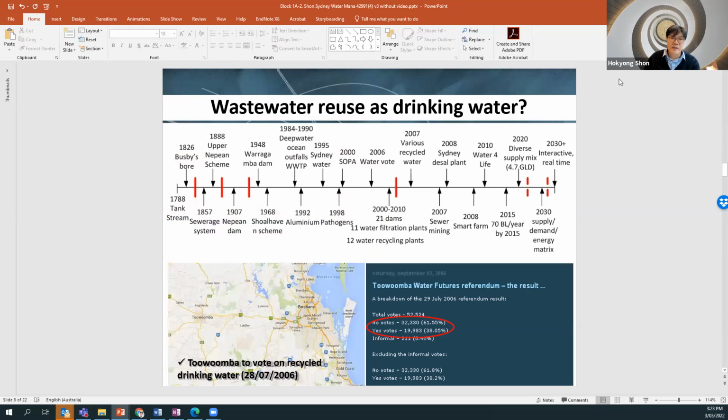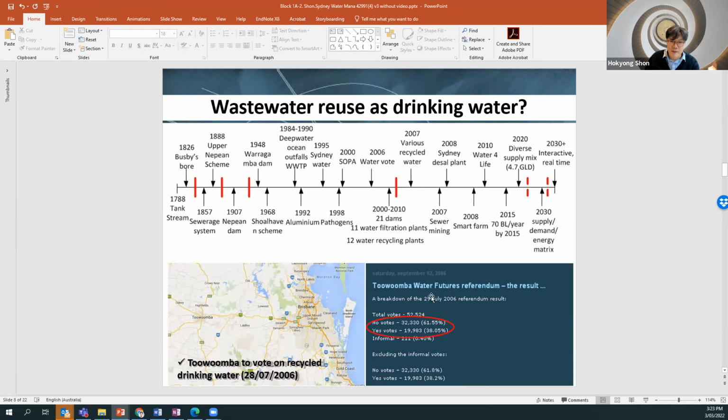And we had a very severe Millennium Drought during 2000 to 2008. This was a very serious, severe drought for this period. That's the reason why you may remember Toowoomba, which is located in Queensland.